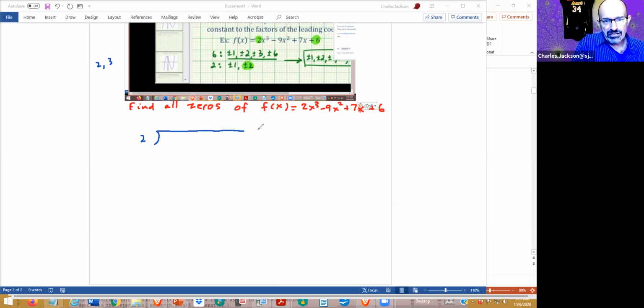And if the division goes evenly, that is, if we have a 0 remainder, then we will know that 2, in fact, is an actual, not potential, but an actual 0. 2, negative 9, 7, yeah, 7, 6, bring down the first thing, multiply and add. It's a 0.